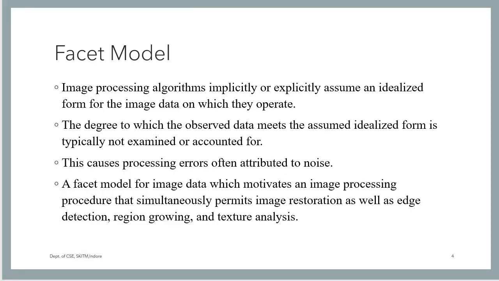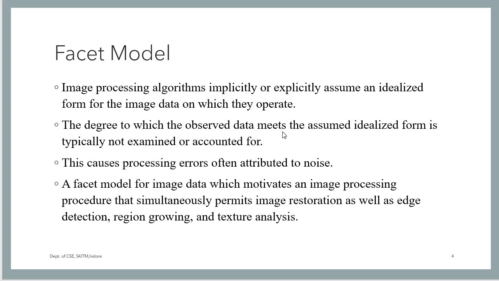In the facet model, the image processing algorithm implicitly or explicitly assumes an idealized form for the image data on which it operates. We are considering the image to be simple everywhere.